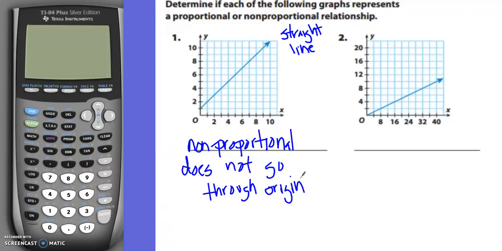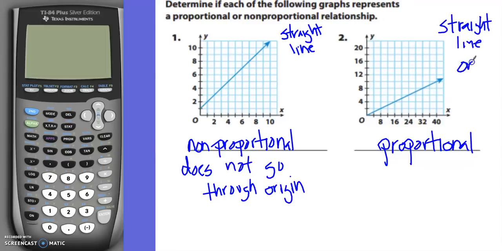Okay, number 2. This is a straight line, and it does go through the origin, so it is proportional. Straight line, and it passes through the origin.